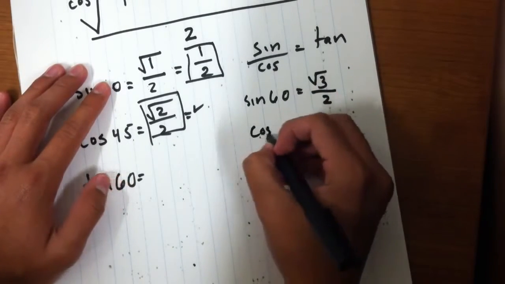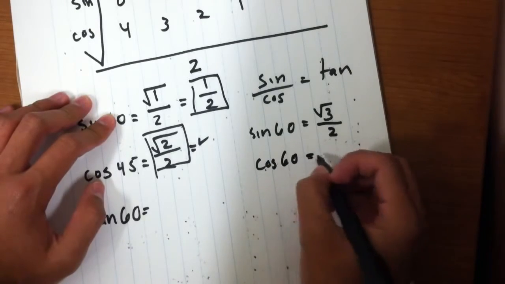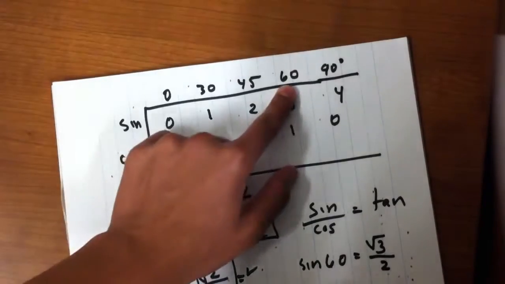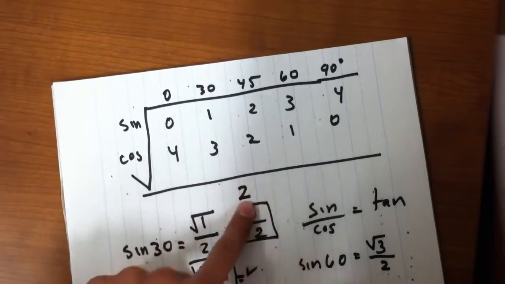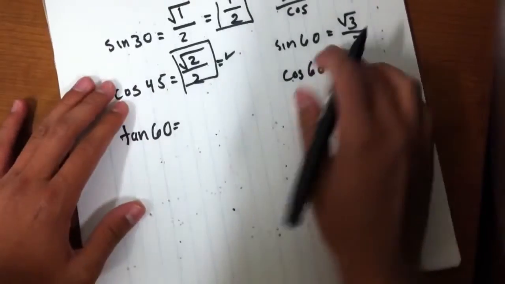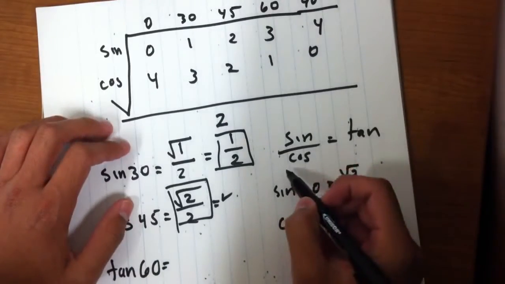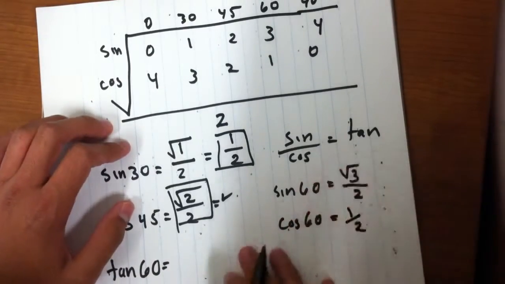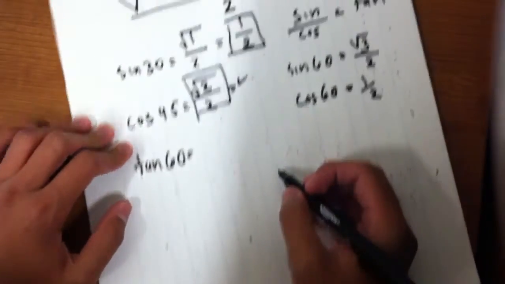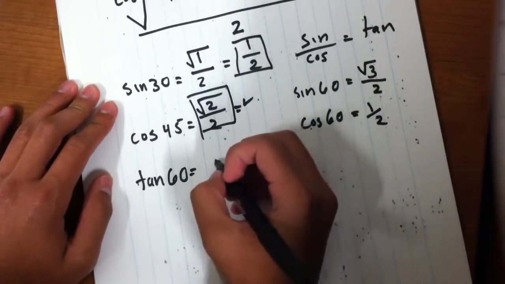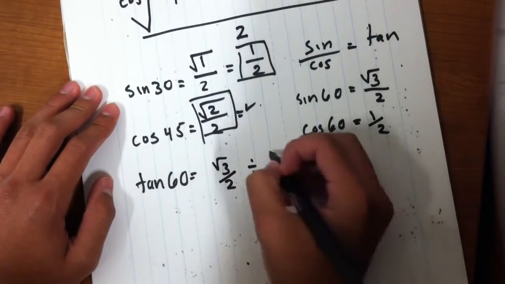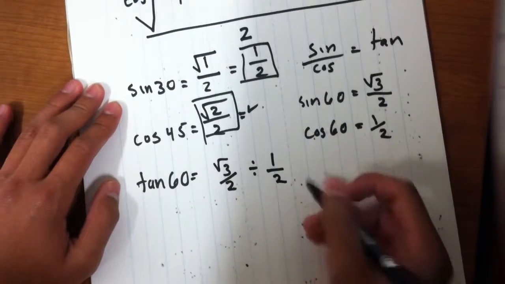And cosine of 60 is square root of 1 over 2, which is just 1/2. And since we know this relationship between sine, cosine, and tangent, we'll just divide these two values. Basically, this would be square root of 3 over 2 divided by 1/2.